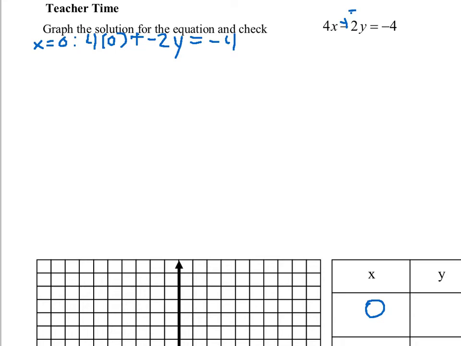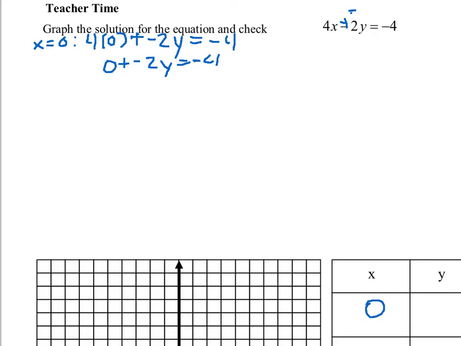So what multiplication or subtraction can I already do? Fernando? Yeah, 4 times 0. That's going to be 0. Plus negative 2y is equal to negative 4.